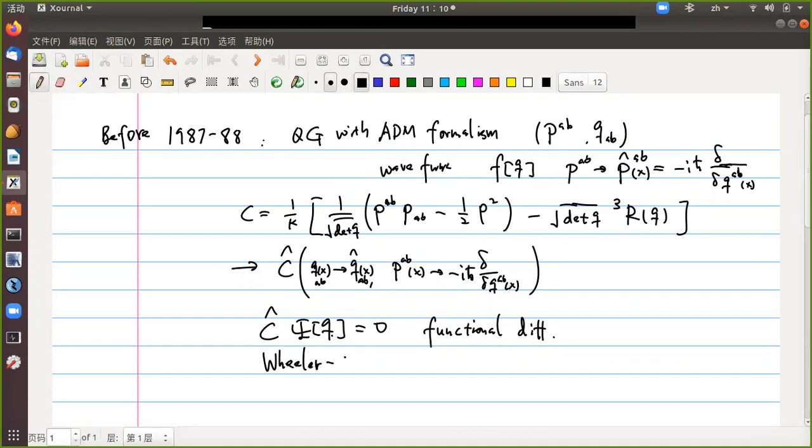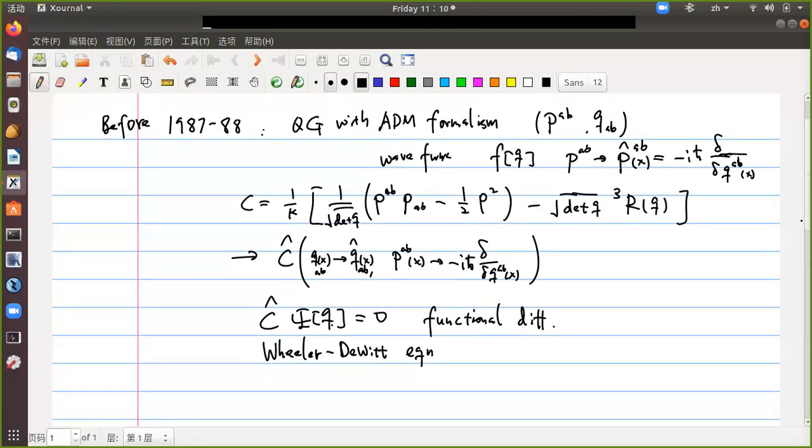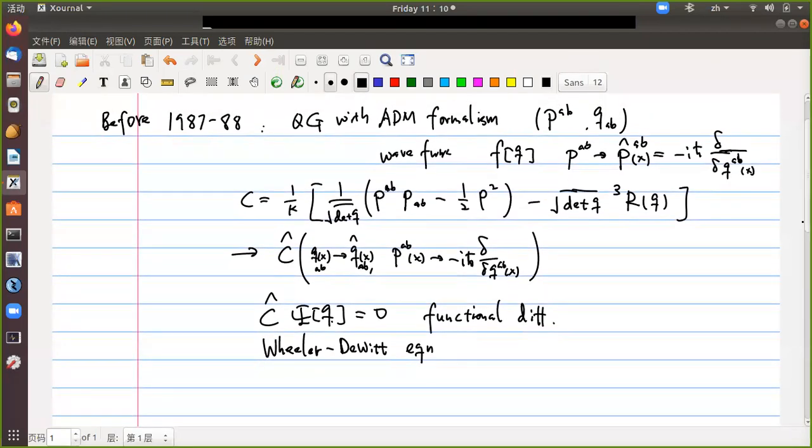In old times, people tried to solve this equation, but of course it is extremely difficult. It is even hard to make it well defined. So of course you are not able to solve this equation in general, and that's why at that time quantum gravity became stuck.